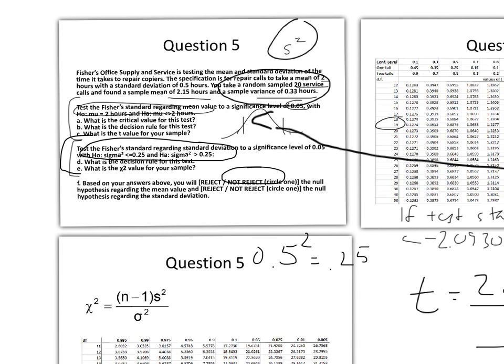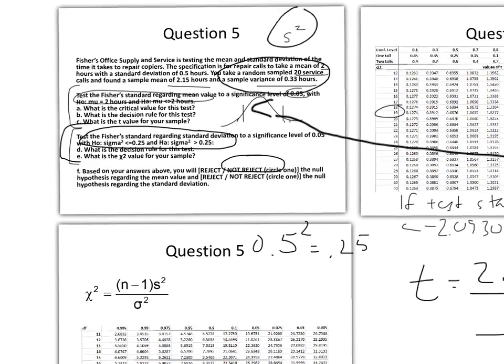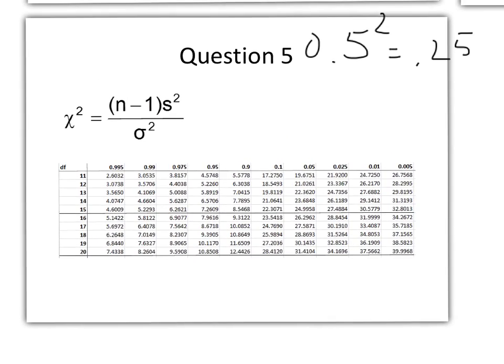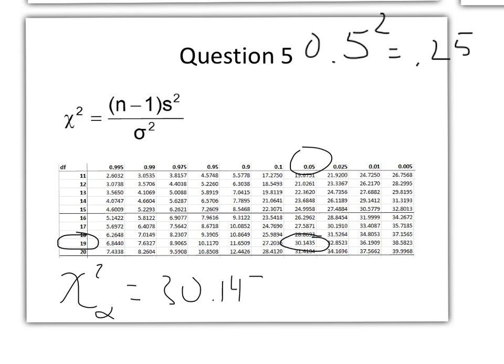To get the decision rule for this test, we will need to work with the chi-square table. We have, once again, alpha of 0.05, degrees of freedom of 19. And our critical value, chi-squared of alpha, is 30.1435.